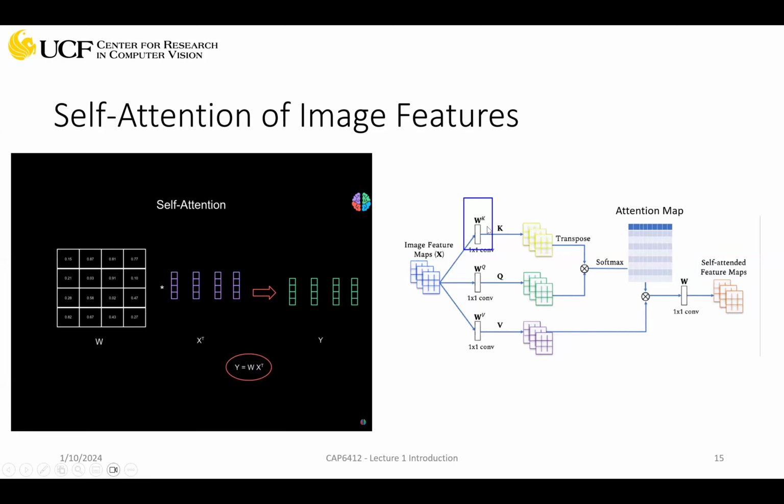Now, 1x1 convolution applied to this 3x3x3: how many parameters will that have? If you apply a 1x1 convolution to this one, how many parameters will that mask have? 3, right? So we'll have 3 parameters, 1x1x1, because we have 3 channels.